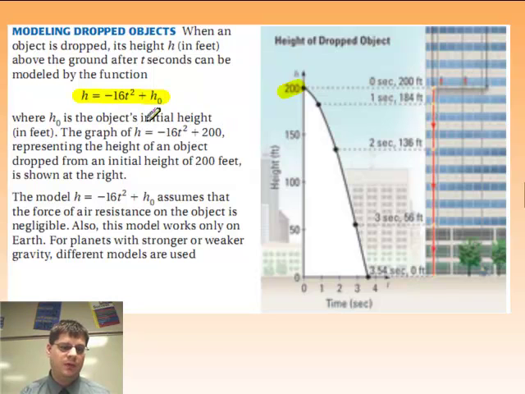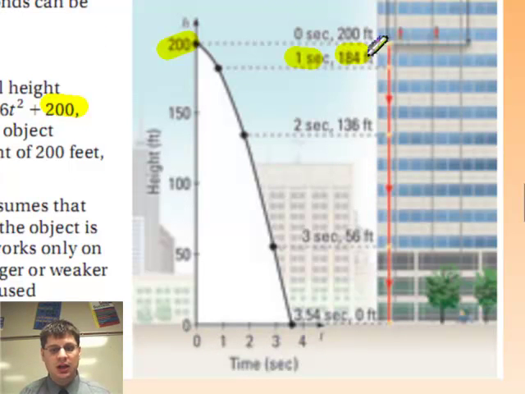So when setting this up, if I want to find a current height, then I would put in 200 as my initial height. And then the negative 16t squared, as we put in different values for t, time, and time is usually measured in seconds here. So I could substitute in 1, and then my height would be 184. So 1 second, and my height would be 184.